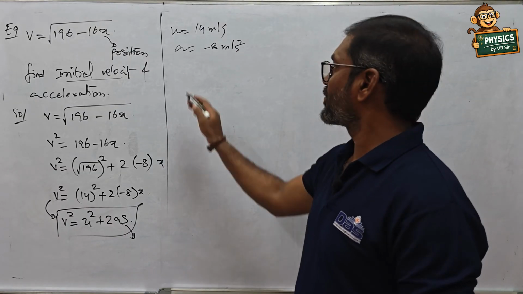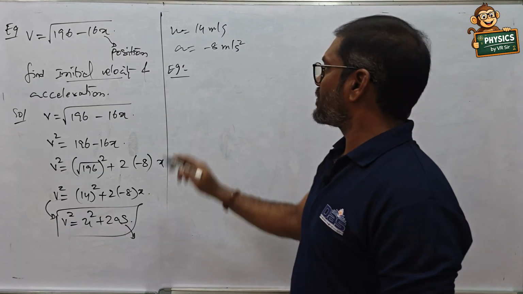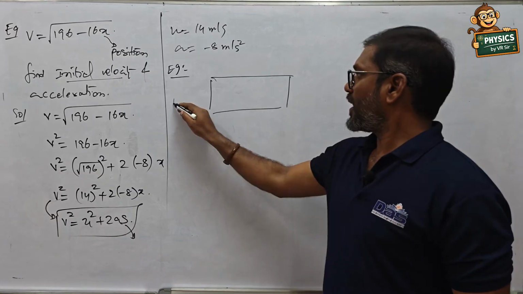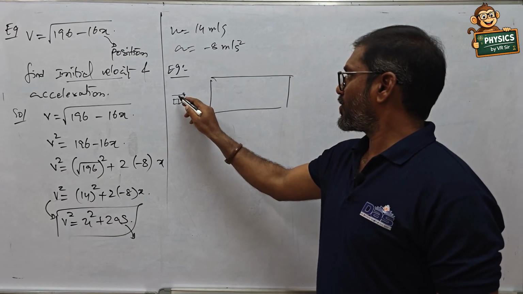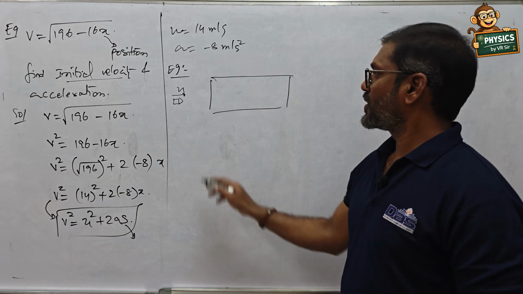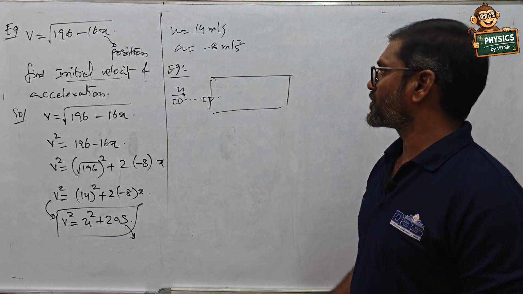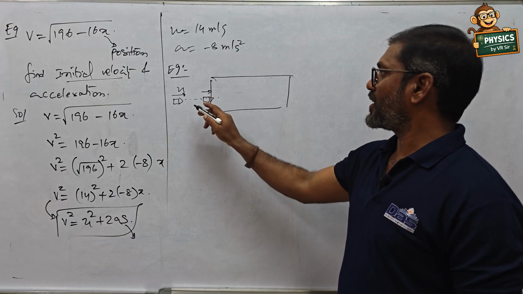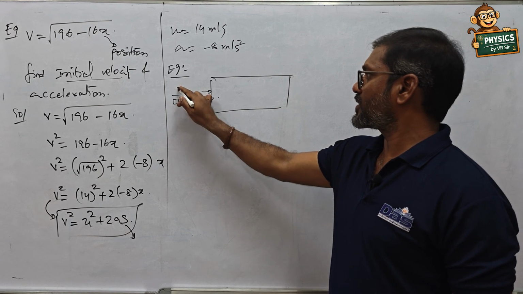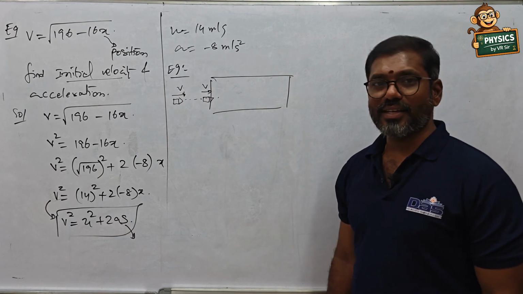That's it. Then the next example: there is a wooden block and a bullet moving with velocity v. It keeps coming and enters the wooden block with velocity v.